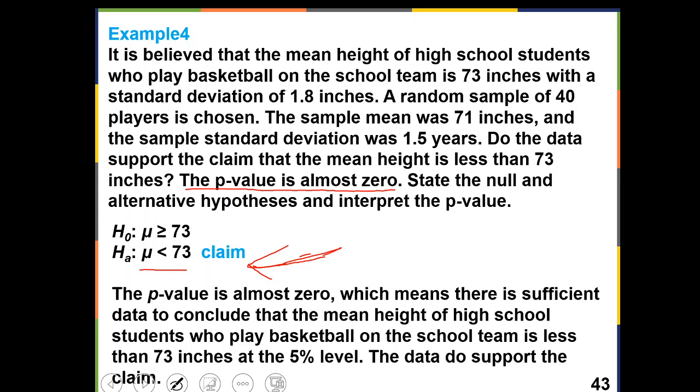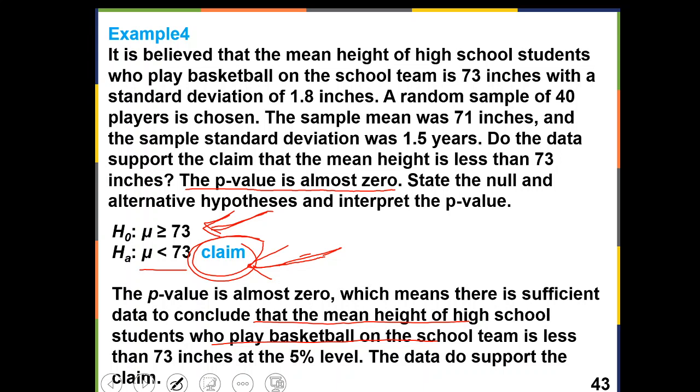We have to reject the null hypothesis, so we say there is enough evidence to support the claim. We're not going to say to reject the claim because that's not the claim. The claim is here. So the p-value is almost zero, which means there is sufficient data, there is enough evidence to support the claim, basically. Then you can write what the claim is.